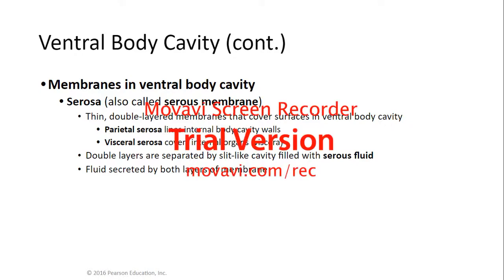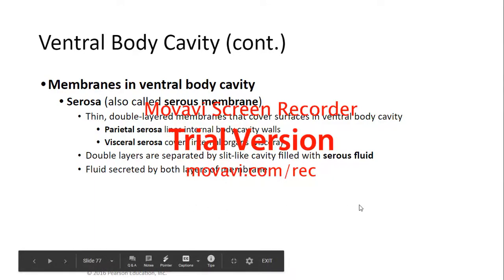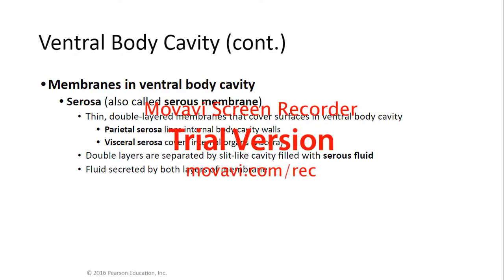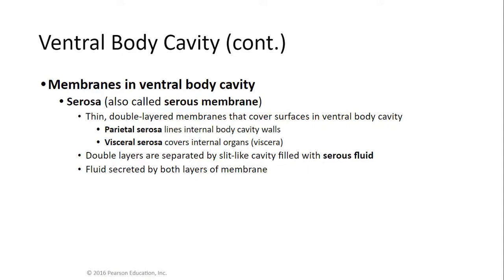But you also need to understand that these serous membranes are double layered membranes, so they have a little space in between them. Within that space you have the serous fluid, which is very important, especially with things that have movement, like the pleural cavity with the lungs and the pericardial cavity with the heart, because that fluid allows for smoother movement.